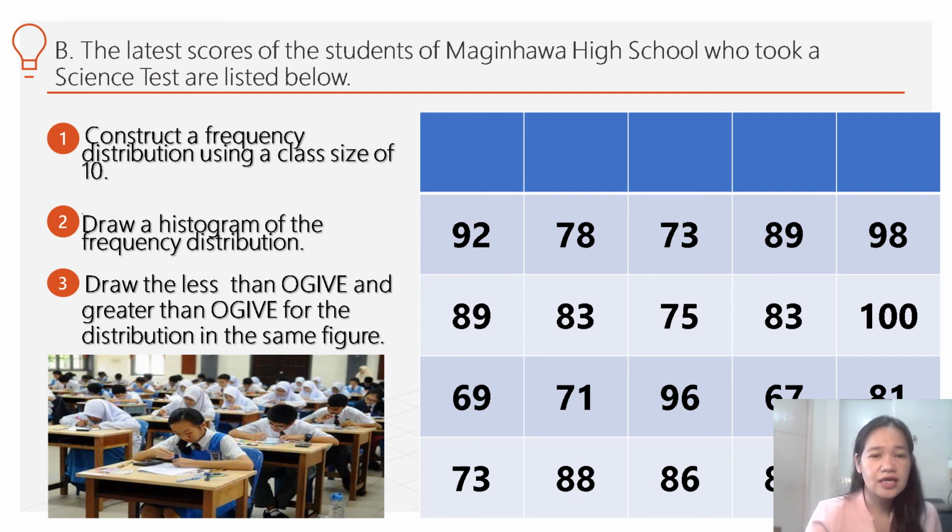Draw a histogram of the frequency distribution table and draw the less than and the greater than ogive for the distribution in the same figure. This will be another exercise for you. You may submit your answers again in the Google Classroom.